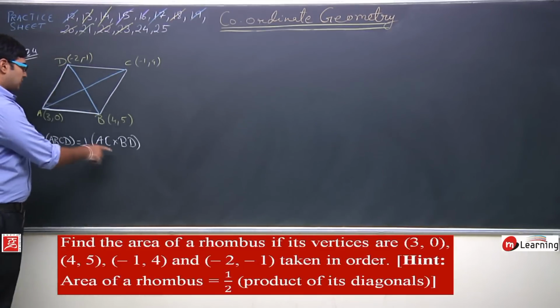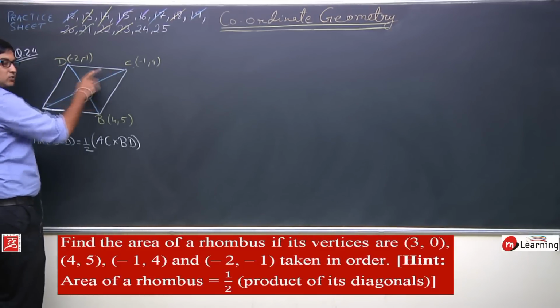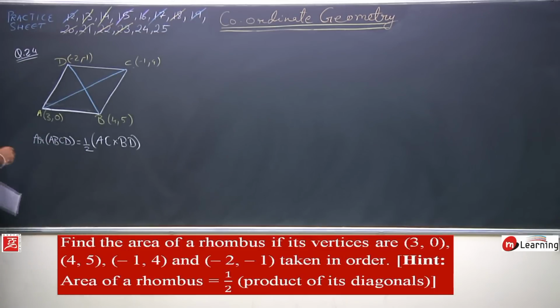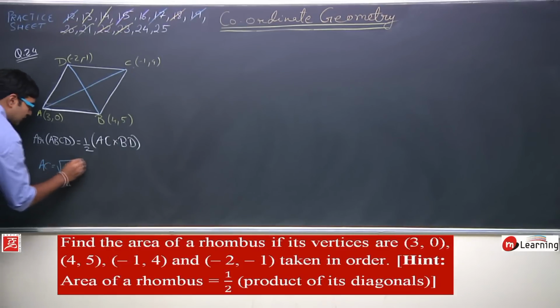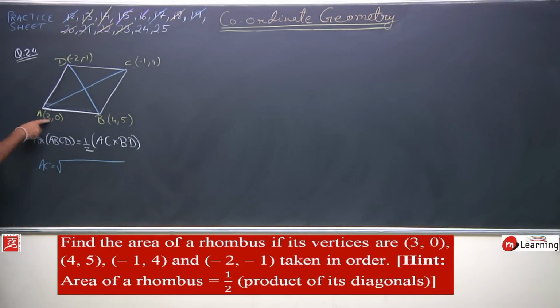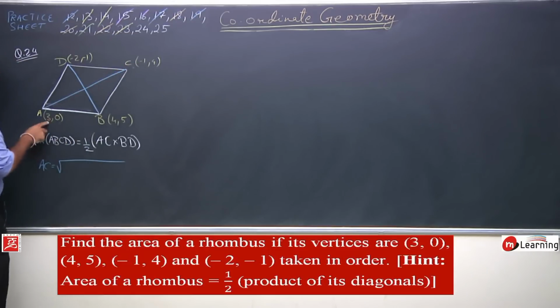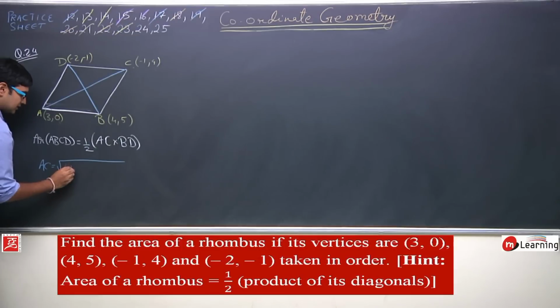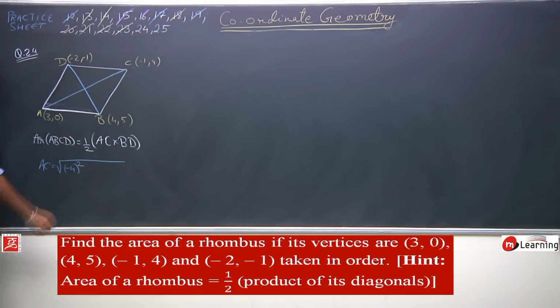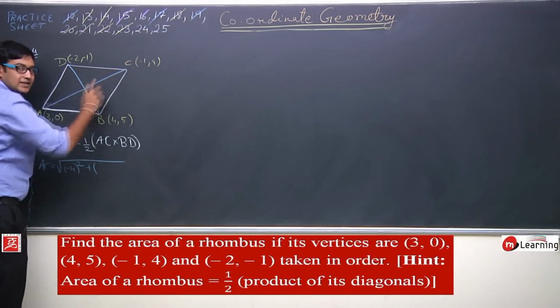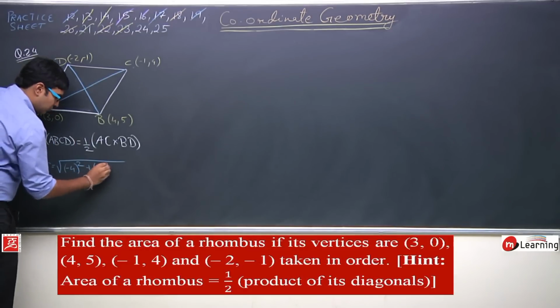Now, what is the length of AC? You know the coordinates of A, you know the coordinates of C, you can very easily calculate the length of AC. AC will be equal to the square root of (x2 minus x1) whole square, that is (-1 minus 3) which is -4 whole square, plus (y2 minus y1), that is (4 minus 0) which is 4 whole square.